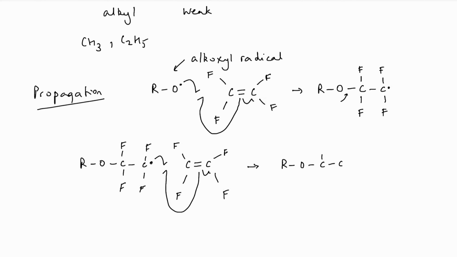So carbon, carbon, carbon, carbon, fluorine, fluorine, fluorine, fluorine, and so on. So this is a common mechanism for the formation of addition polymers, and it's a radical mechanism using an organic peroxide to initiate the reaction.